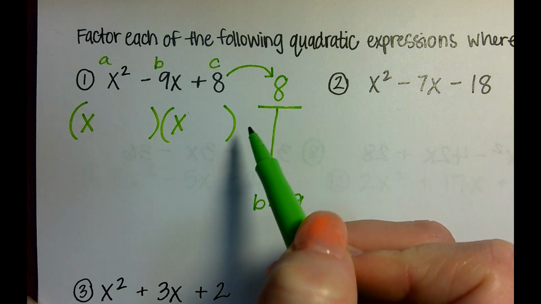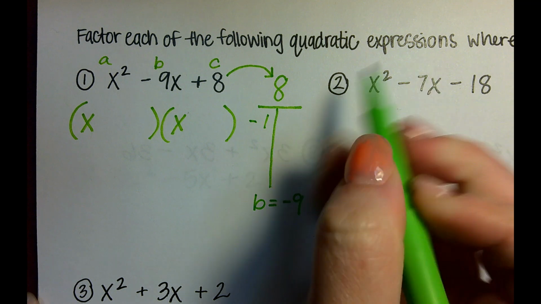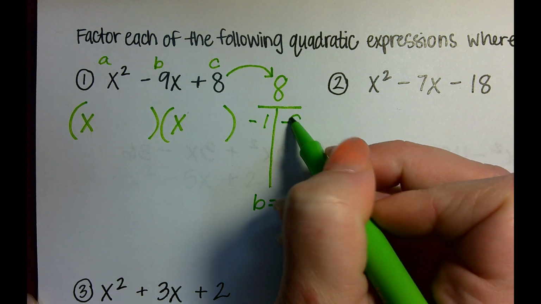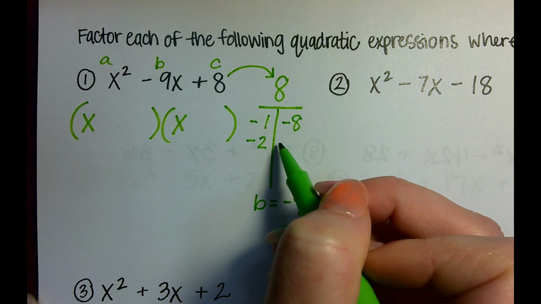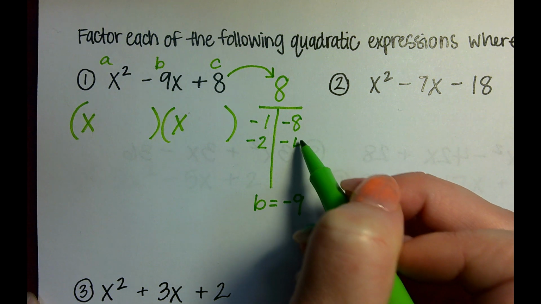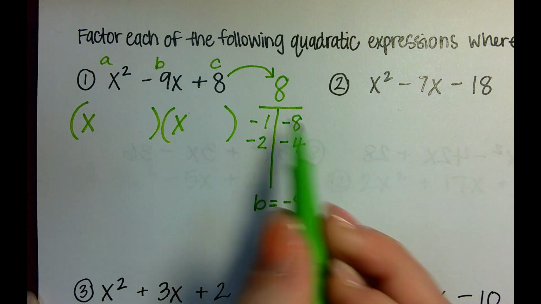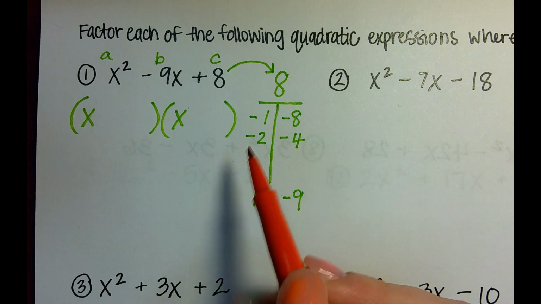So we could do -1 times what to make 8? -1 times -8. Perfect. We could do -2 and -4. Good. And we'll leave it at that. So let's go down the line and see.